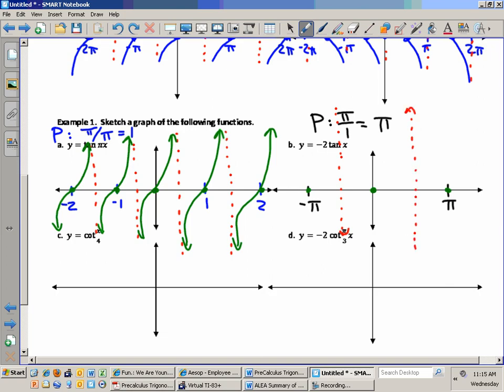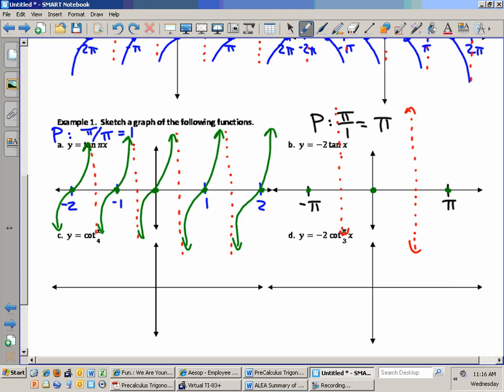How many parts am I dividing the period up into? 2, because tangent repeats itself after 2 quadrants as opposed to 4 quadrants, where sine and cosine take 4 quadrants to repeat themselves. I'm just showing more repetitions. You guys generally showed 1 full period. I've just shown 1, 2, 3, 4, 5. So just however many you want to show, you get to really decide. I've divided it up into 2 congruent sections.